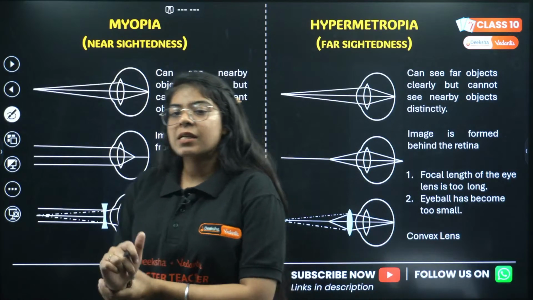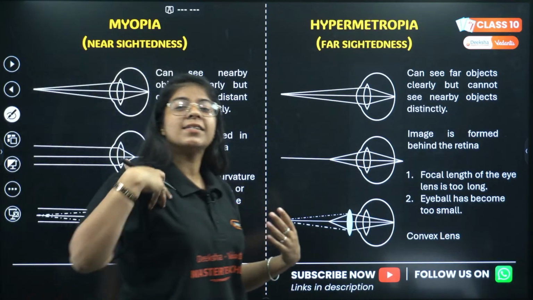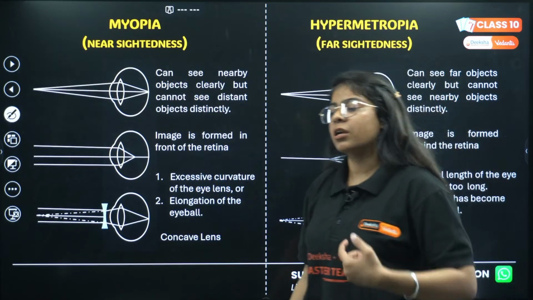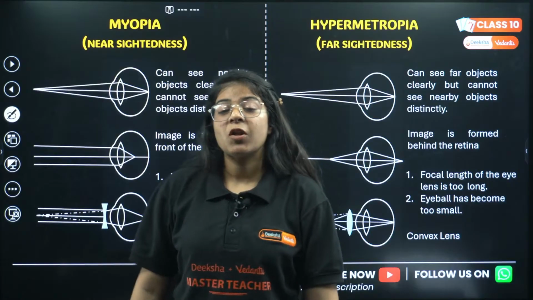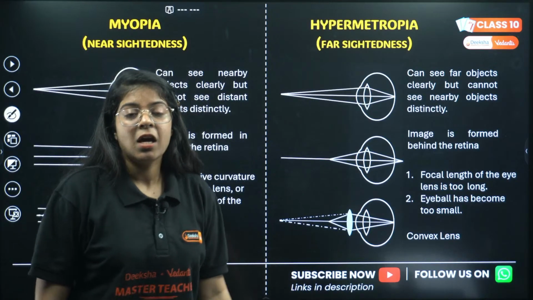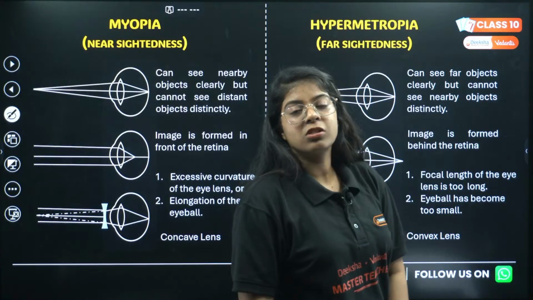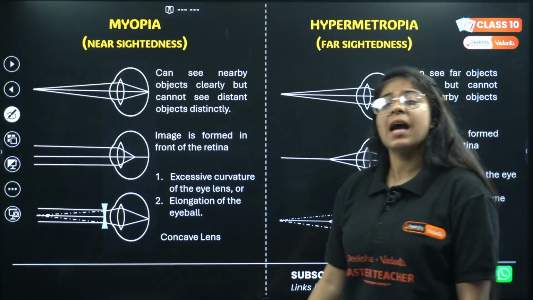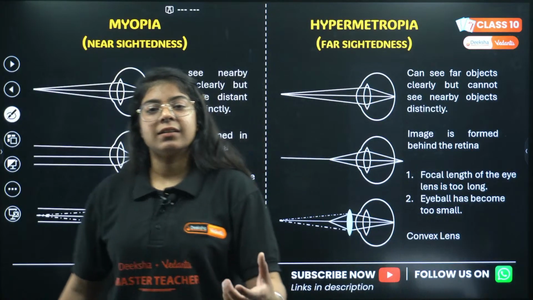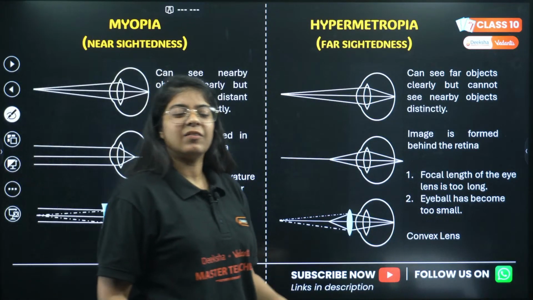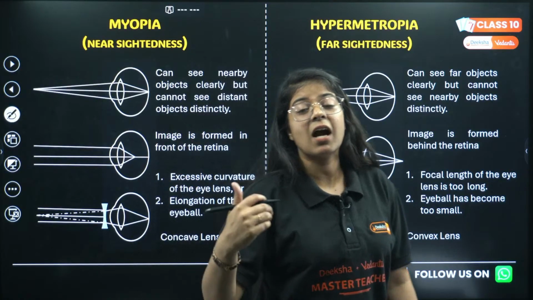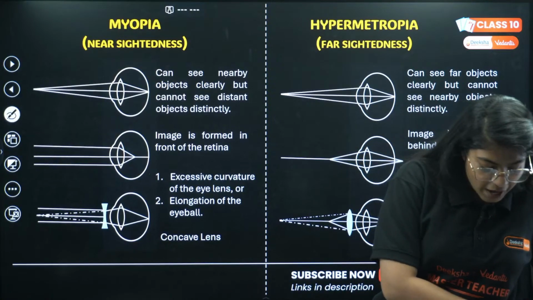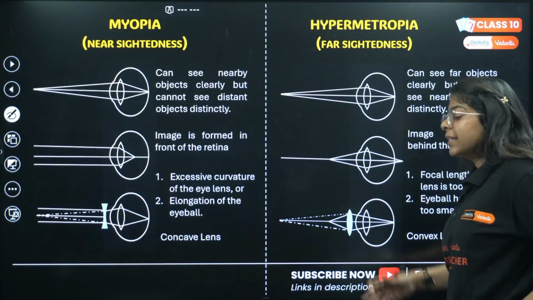You have seen some people like me who can't see objects that are very far away, or you have seen your grandparents, who cannot read books kept very close to them, maybe even 25 centimeter. Why can't they see those objects clearly? Why can't I see far away objects clearly? That is where we study about these defects.